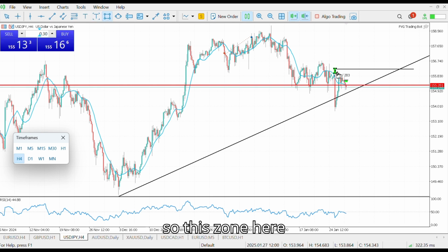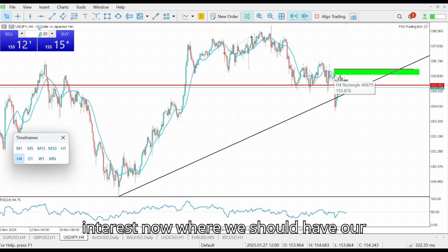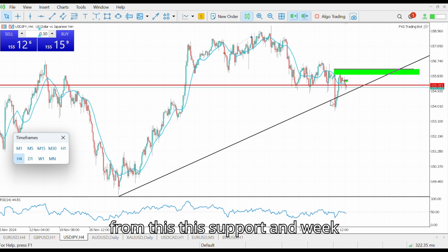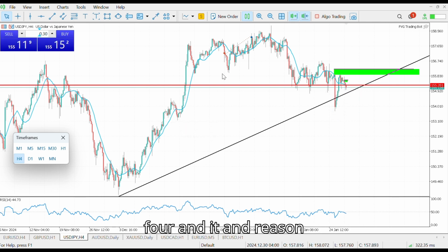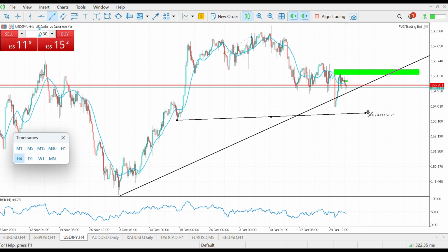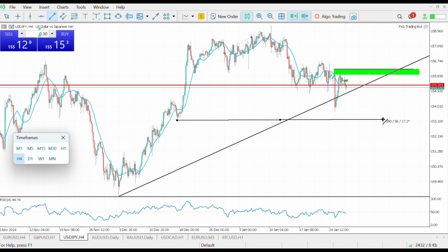So this zone here should be our point of interest, where we should have our entry point, because we have a breakout from this support and we wait for it to come back down to this point. You notice that we have a lower low here that was formed.